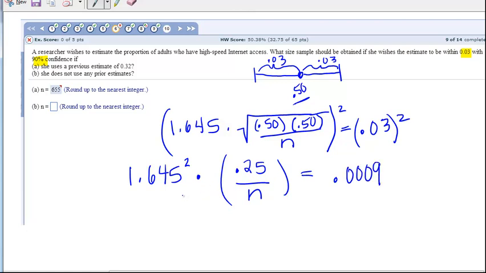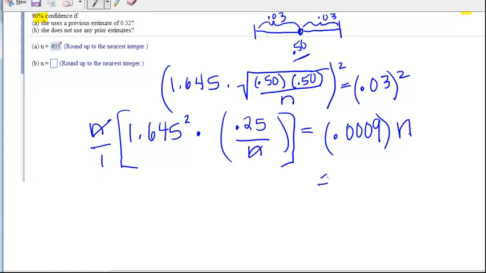So we're looking good. Now we can go ahead and simplify this stuff, but we could also get rid of n right now. So multiply both sides by n, and our n will cancel here. That works out pretty nicely. And then on this side we have 0.0009n, and here let's do 1.645 squared, and then multiply that by the 0.25.